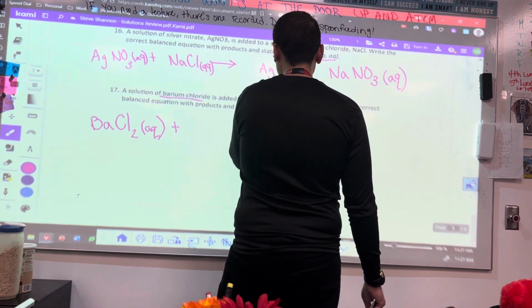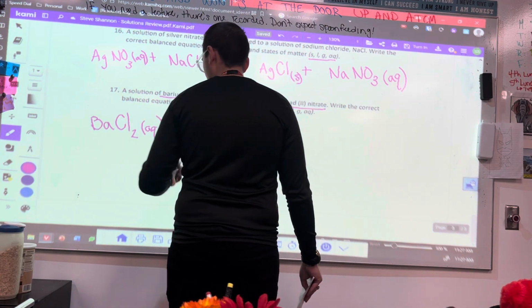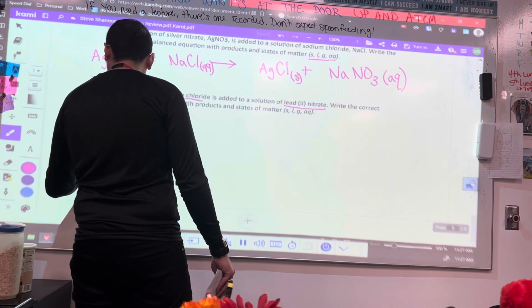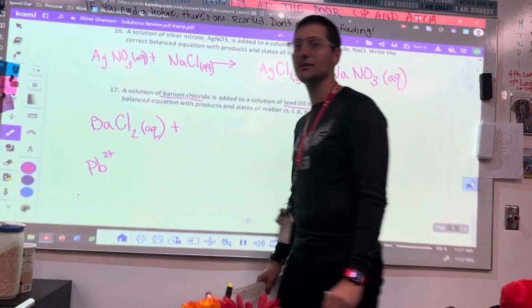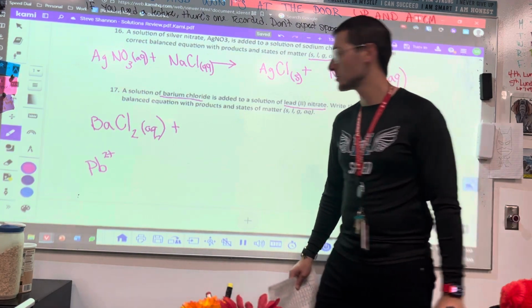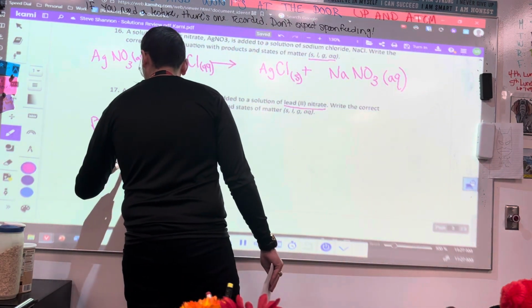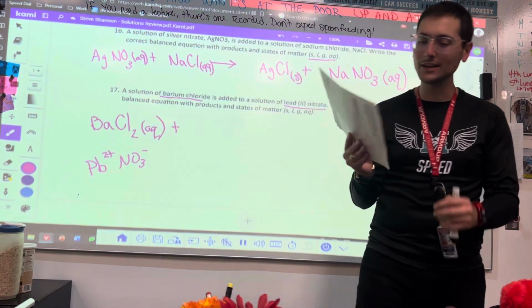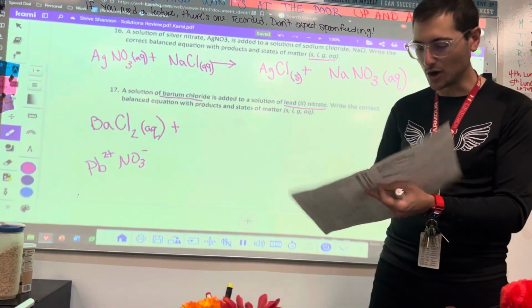Next, I have lead 2 nitrate. And so the Roman numeral tells me that I'm using Pb with a 2+ charge. And the nitrate tells me I'm using NO3 with a -1 charge, which is in the polyatomic ions list on your test.